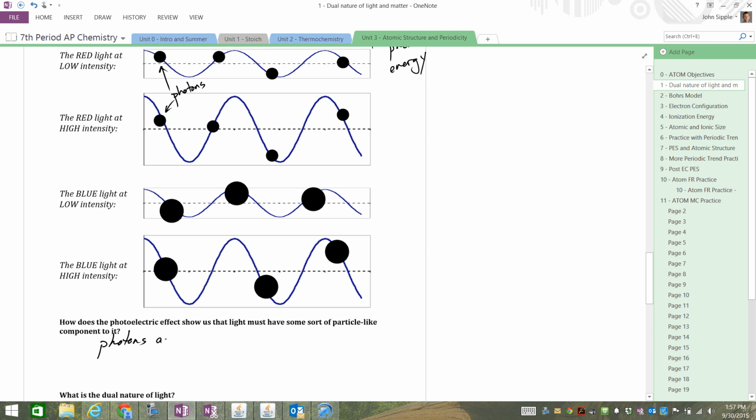Photons are packets of energy that can displace electrons in the metal. And these packets are of varying amounts of energy.